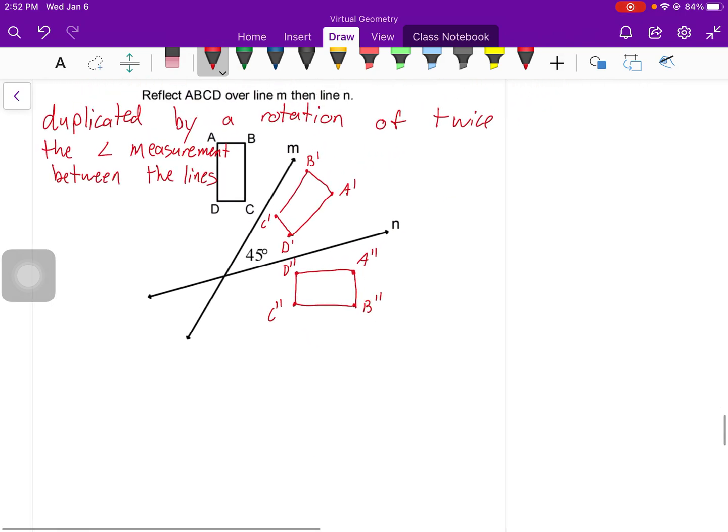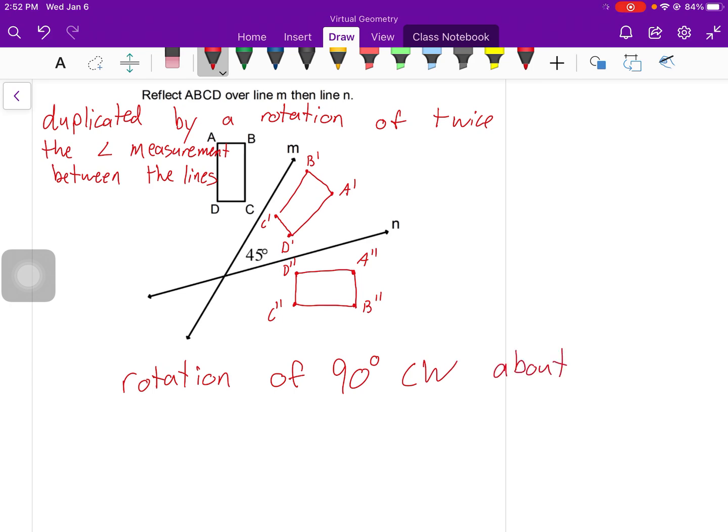So what I could say is that this was actually just going to be a rotation of 90 degrees, and then I would have to specify direction, clockwise about, and then I'll give this point a name. We'll say point Z.